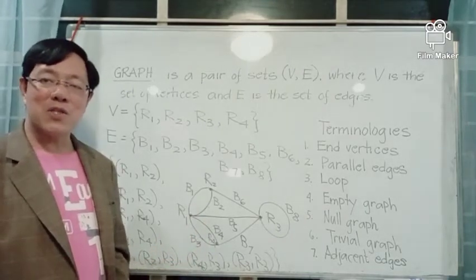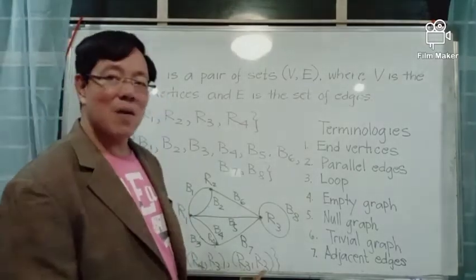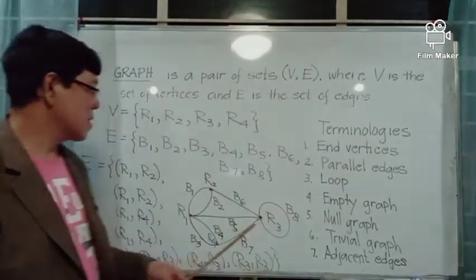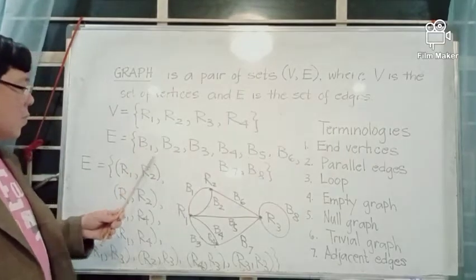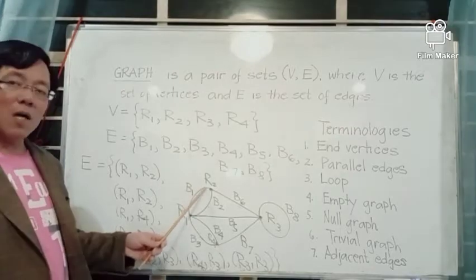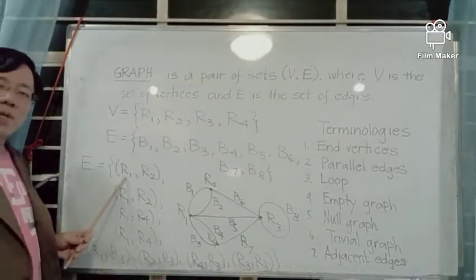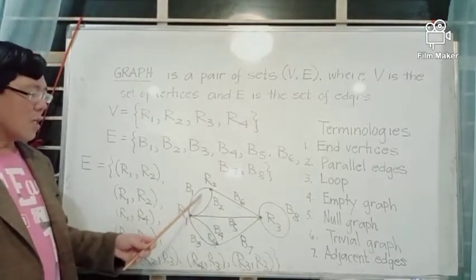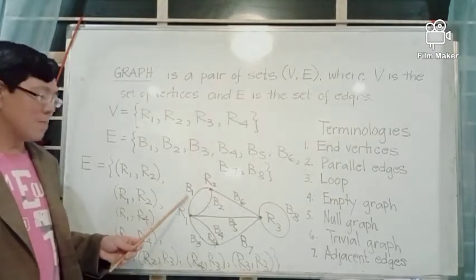Now we have additional terminologies before we continue with the study of graphs. The first is end vertices. Consider this edge B1. B1 is an edge that connects the vertices R1 and R2, or B1 is the edge that links vertices R1 and R2. These vertices R1 and R2 are the end vertices of edge B1.